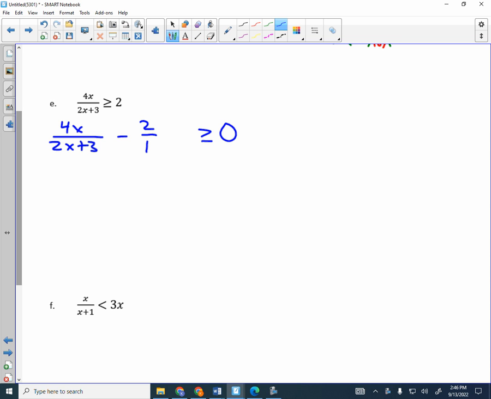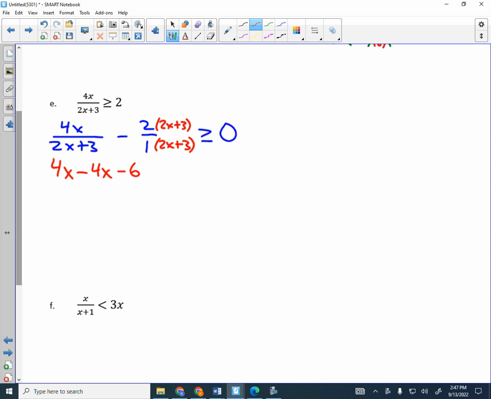Now, I have fractions, so if I have these fractions, how do I combine them together? Common denominators. So I'm going to multiply the top and bottom by 2x plus 3. Great. So in the top you have 4x minus what? Is it minus 6 or plus 6?